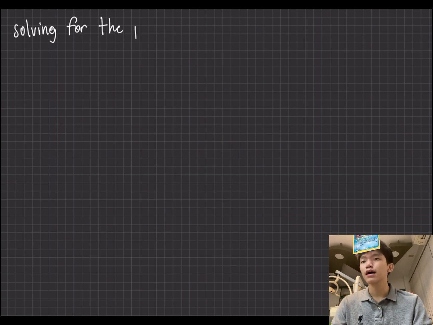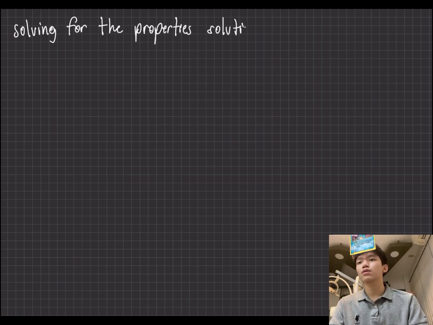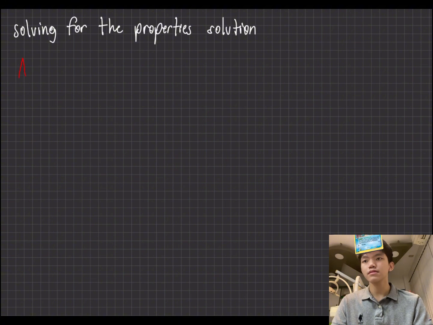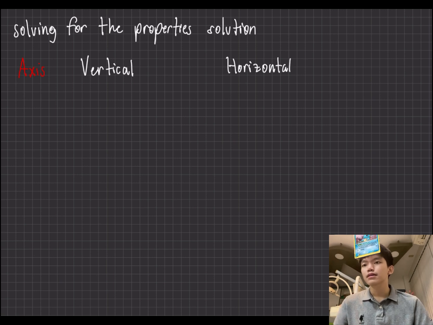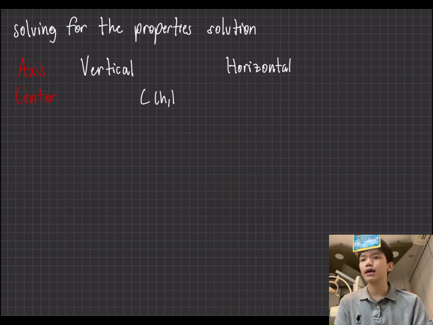So let's have the table of properties, or the solving for the properties. We have the axis, which is vertical and horizontal. And next, we have the center. Both centers are h, k. And we have the foci.